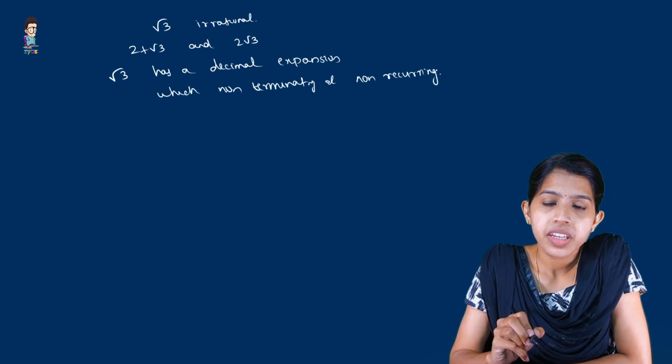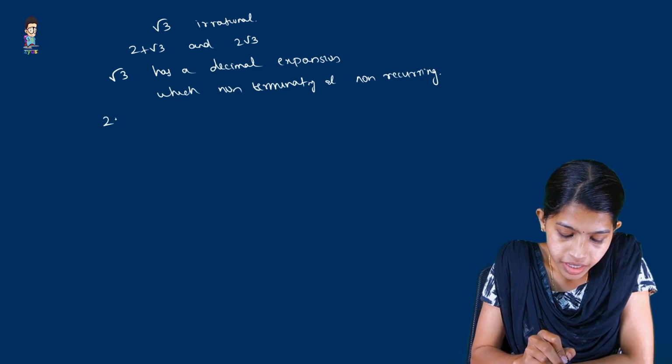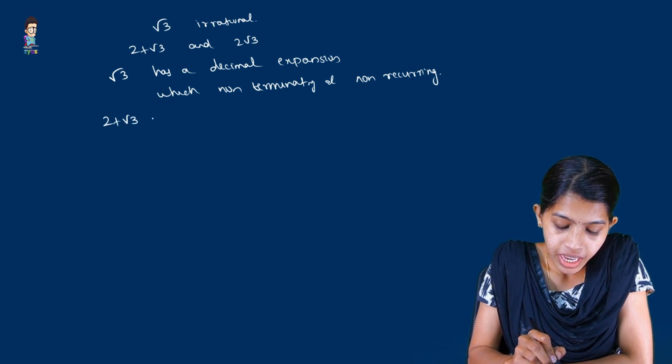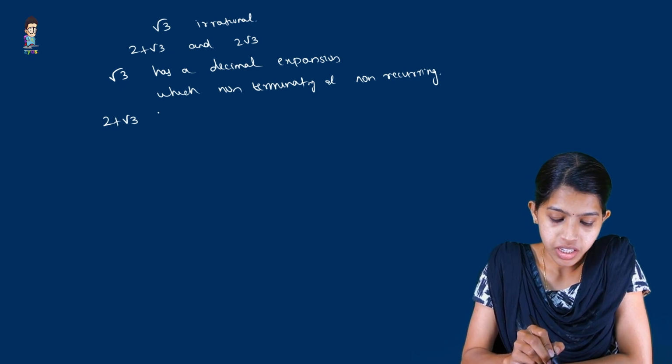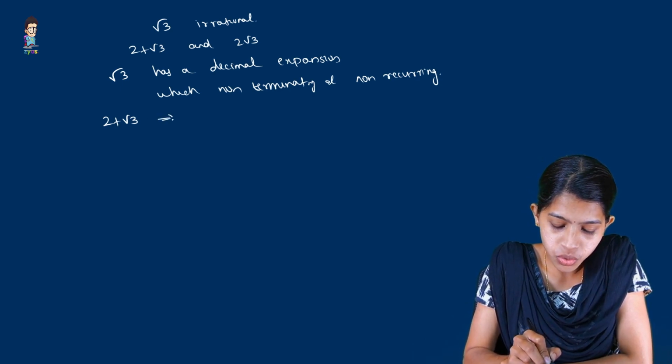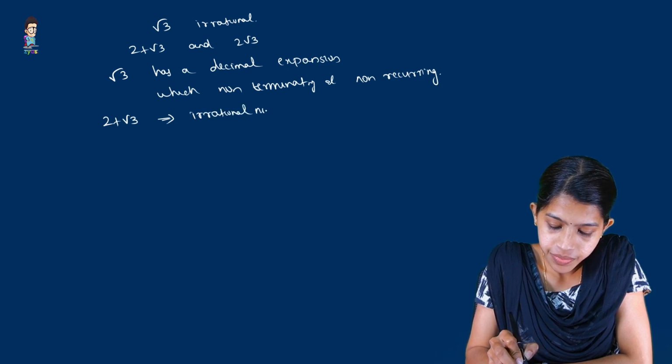And what will happen when we add 2 to root 3? That number 2 plus root 3 has a decimal expansion which is non-terminating and non-recurring, which implies that 2 plus root 3 is an irrational number.